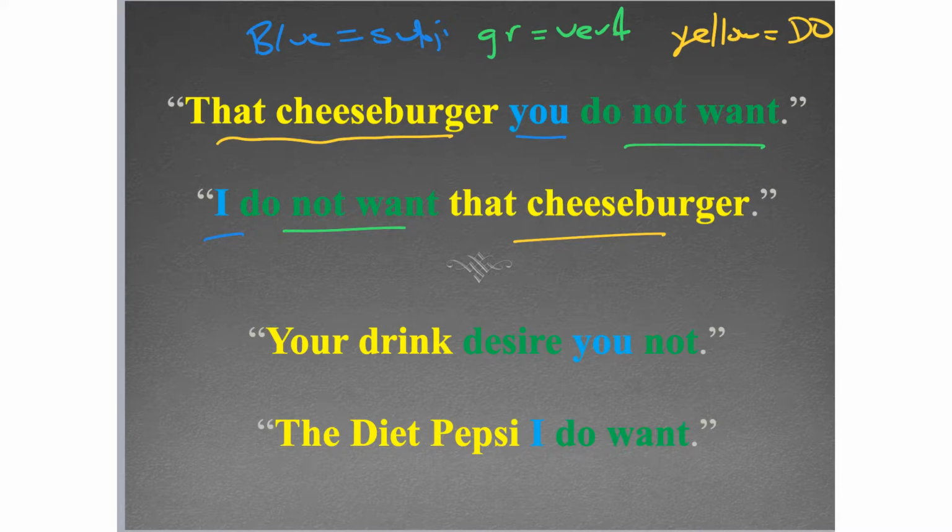Now, Latin will actually tend to go subject, object, verb, which is not unique to Latin. There are plenty of languages that use a similar word order. But the first thing to know about Latin is that it's the forms that are going to tell you what a sentence means, not necessarily the word order.